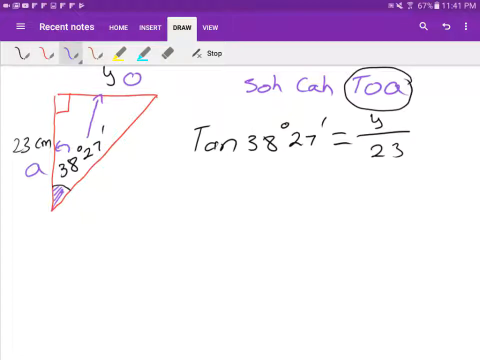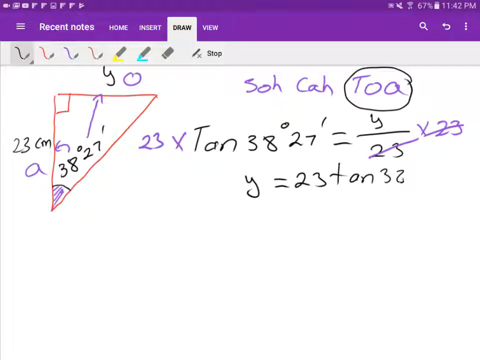When you've got this equation, we solve it. We times by 23 on both sides because we want to get rid of the bottom. So this cancels out, and y is equal to 23 tan of 38 degrees and 27 minutes.